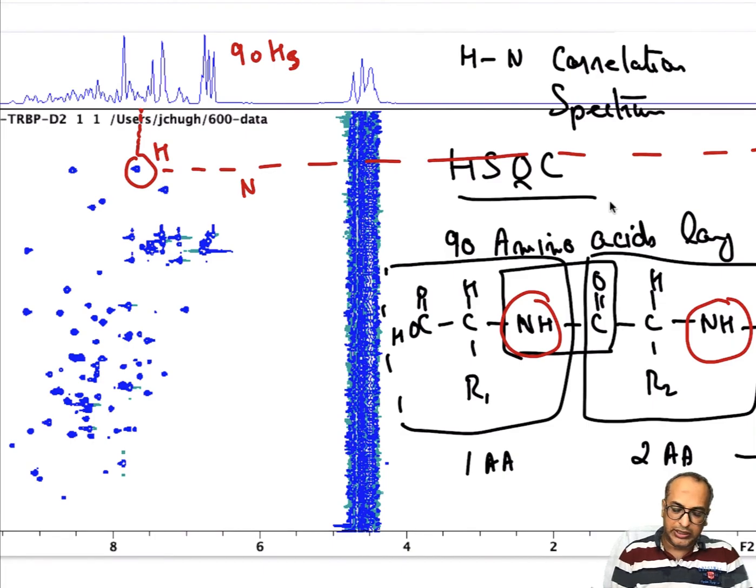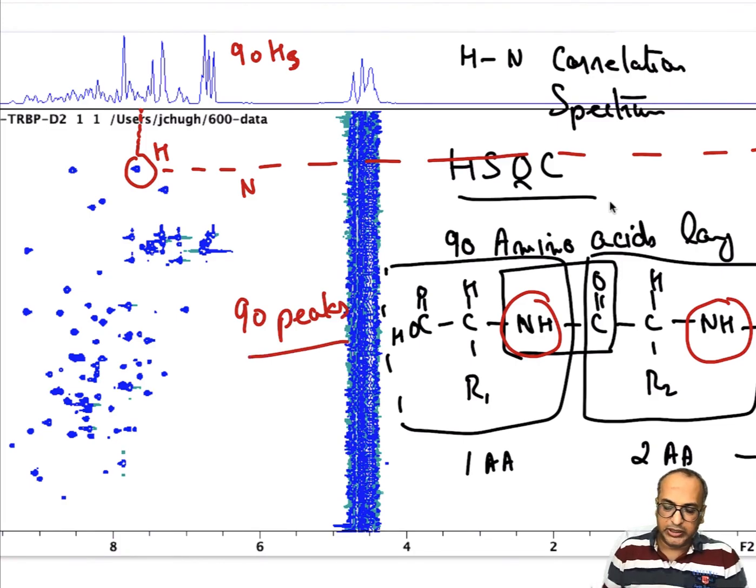And if you count, there will be 90 peaks, giving information about each single amino acid. This type of spectrum, where you have added a dimension to resolve the complexity of the spectrum, is called a two-dimensional NMR spectrum.